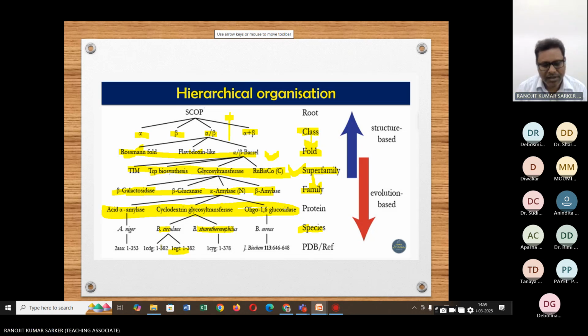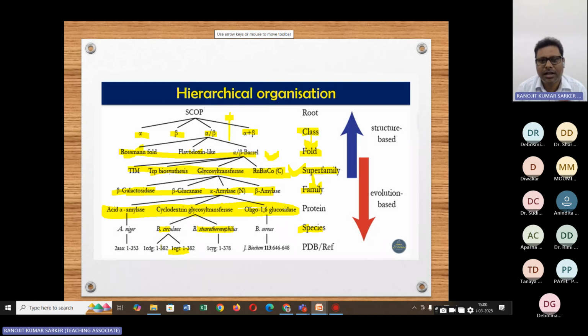We have classified the proteins into class, fold, superfamily, family, protein, and species, so that we can understand the structure without going into details about that particular protein.